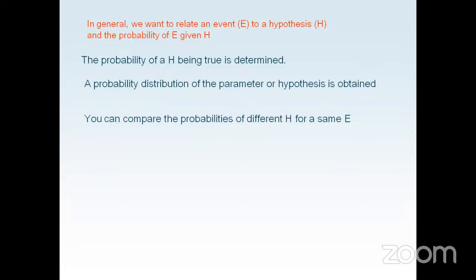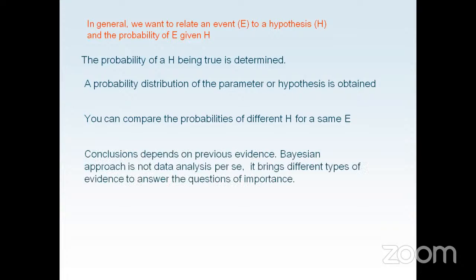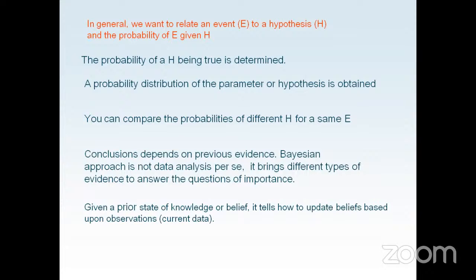It doesn't take into account the previous valuable information. Okay, in general, we want to relate an event E to a hypothesis H, and the probability of E given H, the probability of H being true, is determined here. A probability distribution of the parameter or hypothesis is obtained, and you can compare the probabilities of different H for the same E. Conclusions depend on previous evidence.